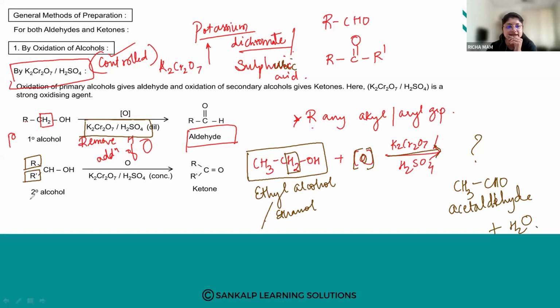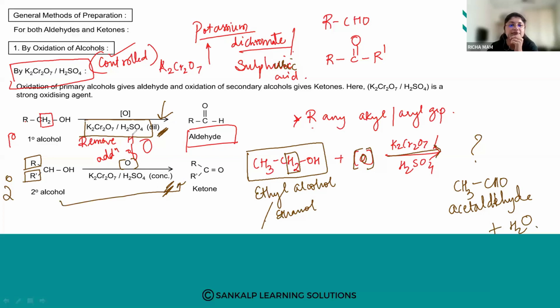If you treat it again with K2Cr2O7 in the presence of concentrated H2SO4, note that in the primary alcohol we use dilute H2SO4, while in secondary alcohols we use concentrated H2SO4. Why? Because we want to convert our secondary alcohol into ketone.